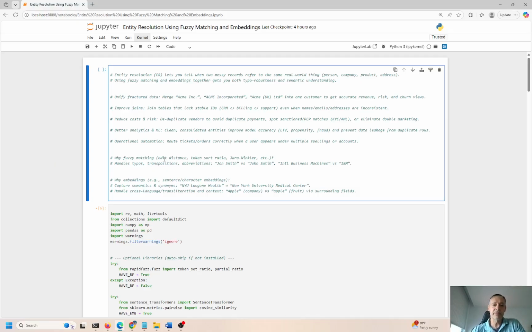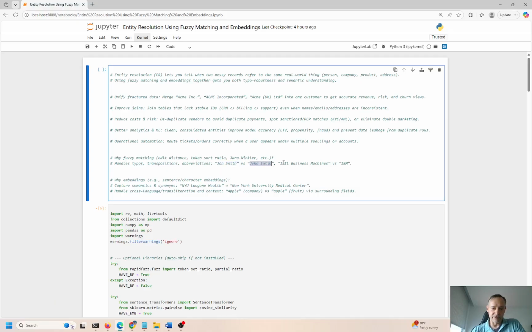So fuzzy matching really comes into play here by edit distance or the token sort ratio. There's a couple different ways to do this. This is one of the most popular, Jaro-Winkler, and it handles typos, transpositions of letters in names, abbreviations, John Smith versus Jon Smith, right?